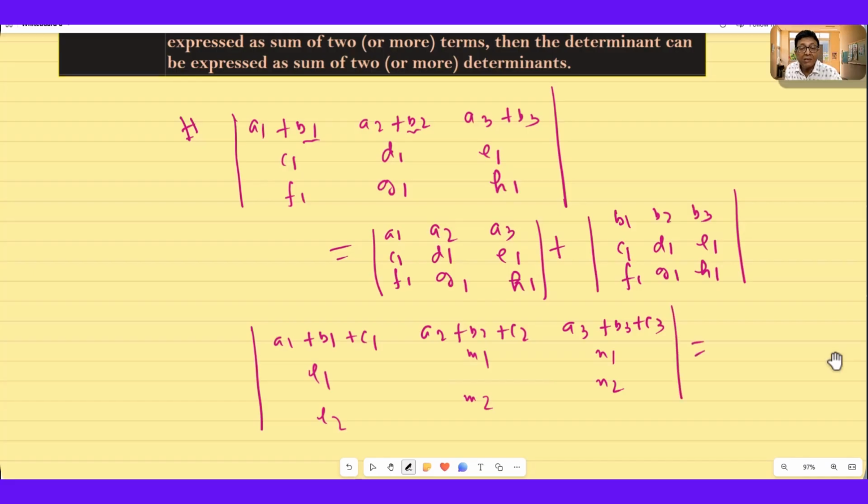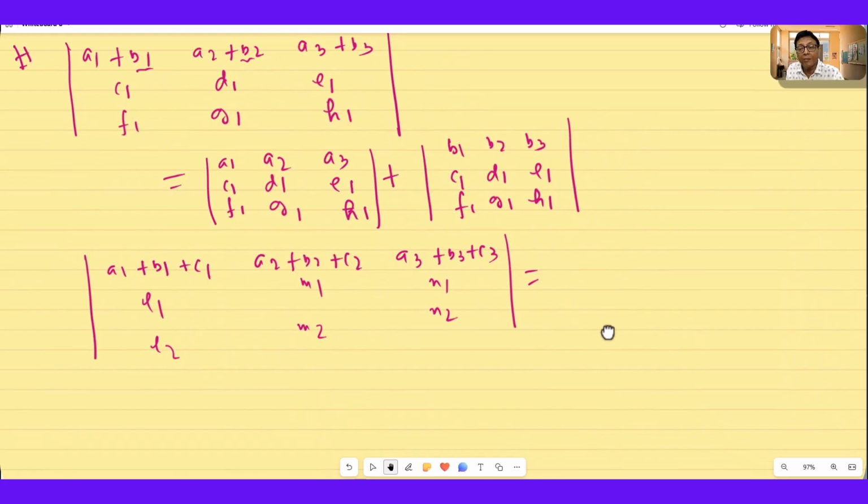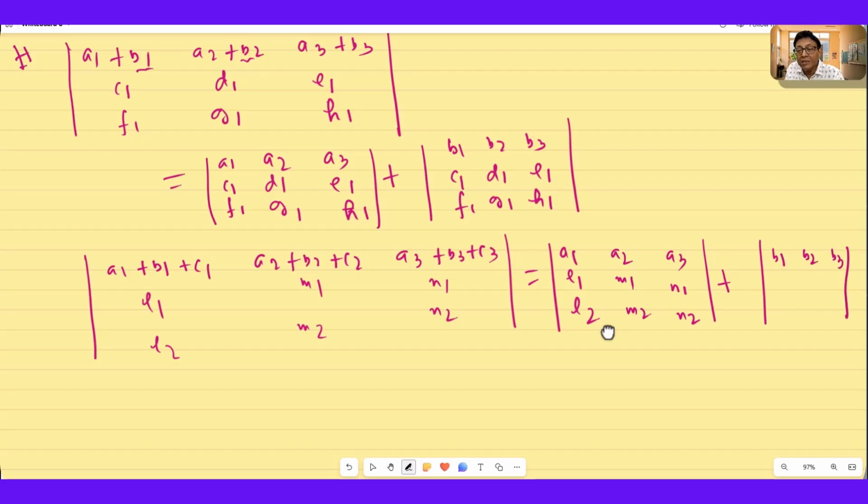In that case, it will be the sum of three determinants, that is A1, L1, L2, A2, M1, M2, A3, N1, N2 plus B1, B2, B3. These two will remain the same.